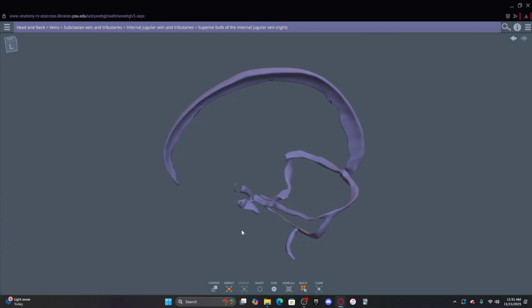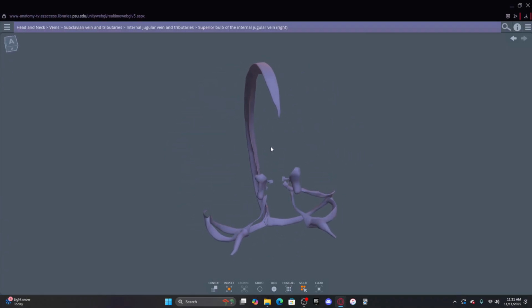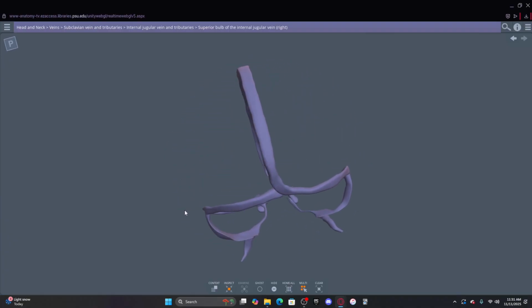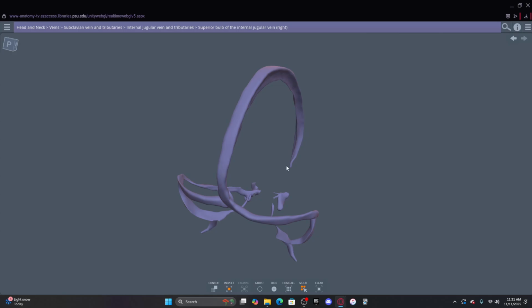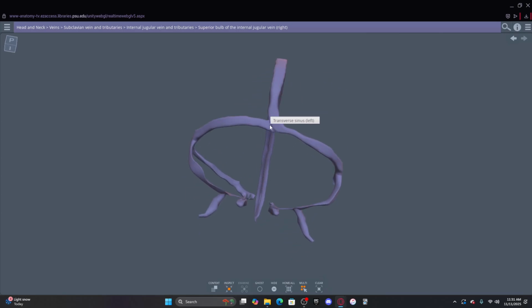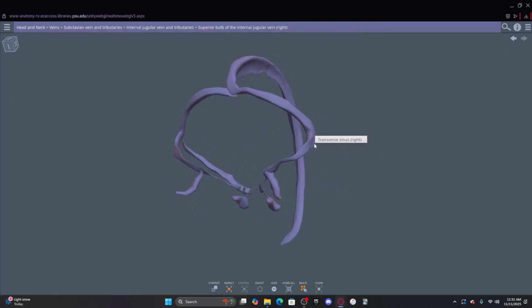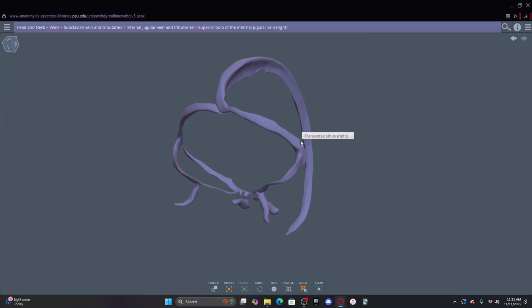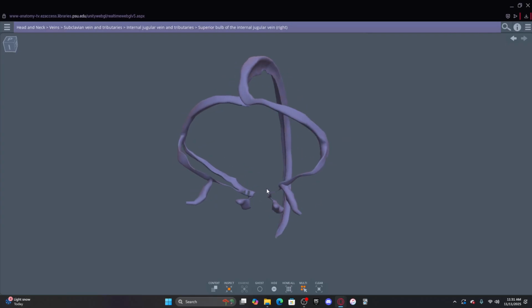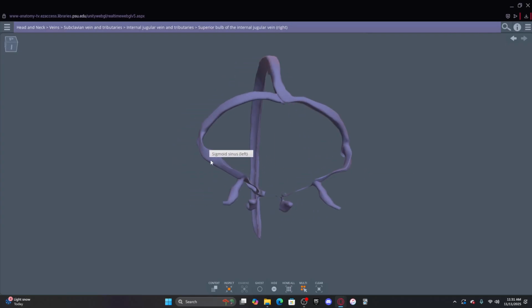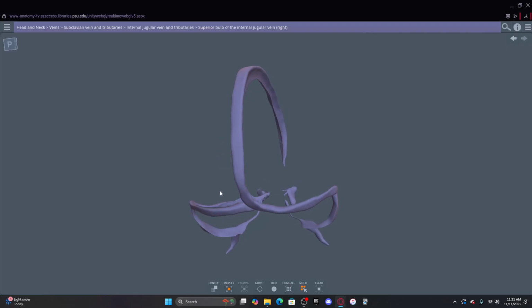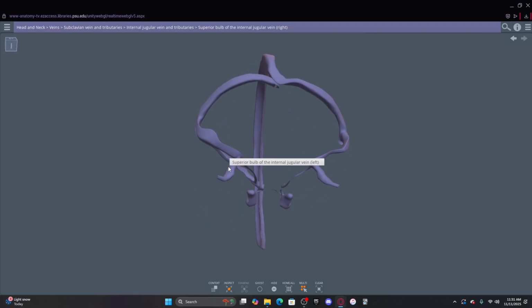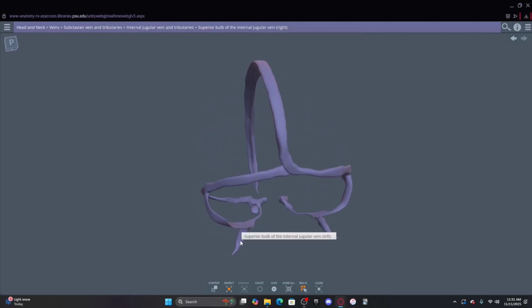So remember, this is how it is looking. We have our superior sagittal sinus, which drains into the confluence of sinuses. The confluence of sinuses moves on to the transverse sinuses, left and right. And then from our transverse sinus, we move into our sigmoid sinus. And then from there, we move into the jugular vein.